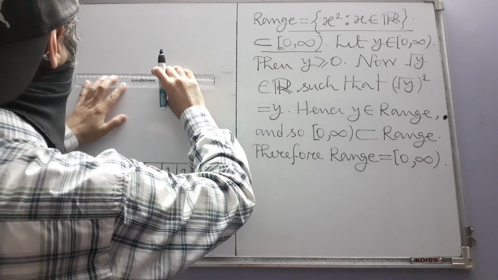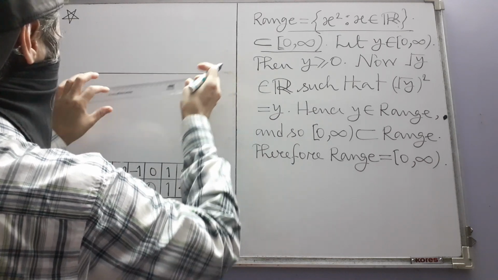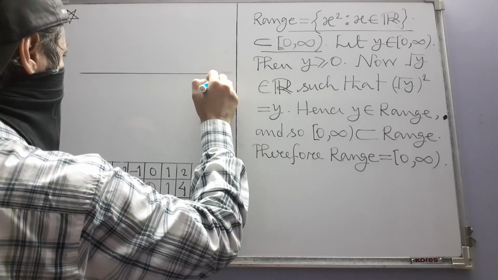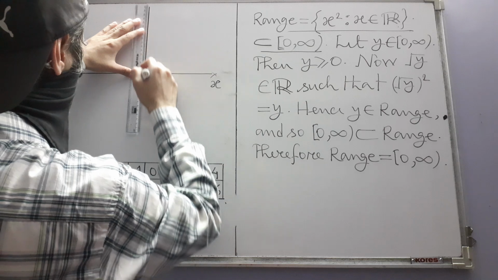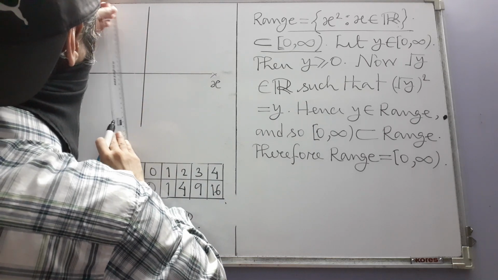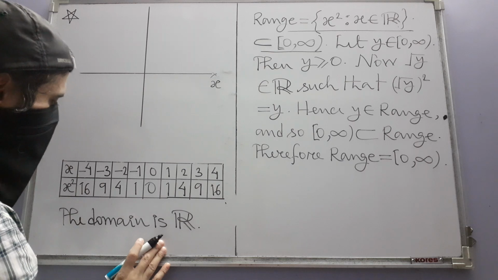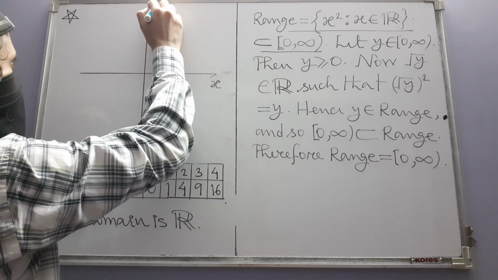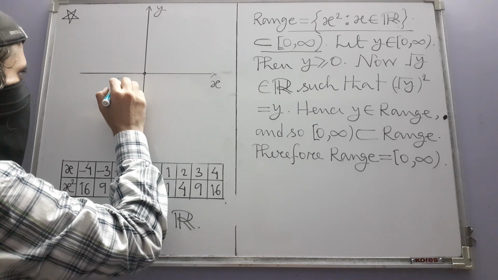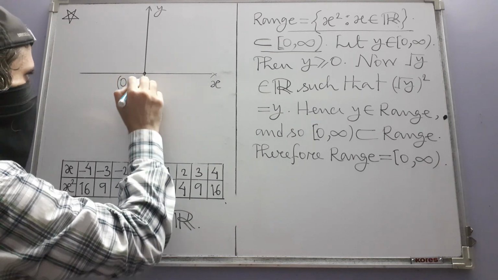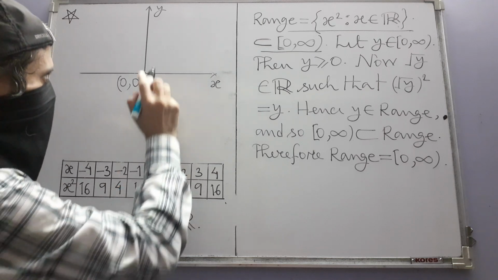We will roughly only consider, say, 5 points, plot them, and then we will join them. Five points I am saying. Okay, 1 point is, let me write the coordinates themselves, 0, 0. Another point is 1, 1.